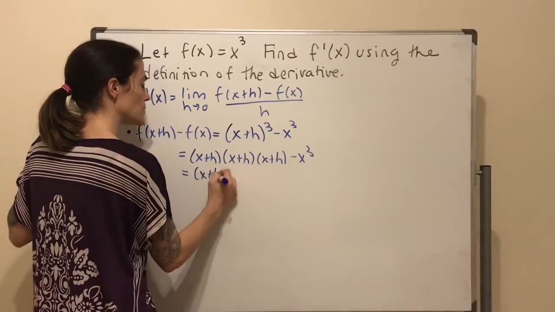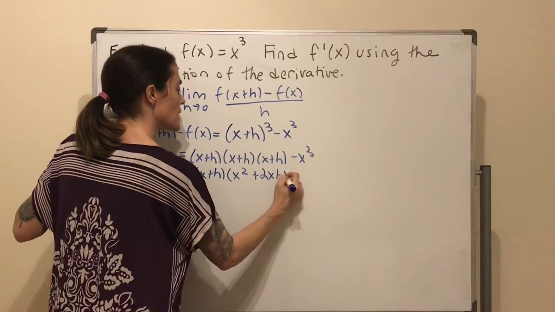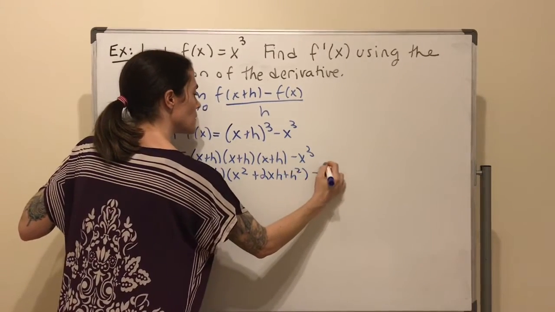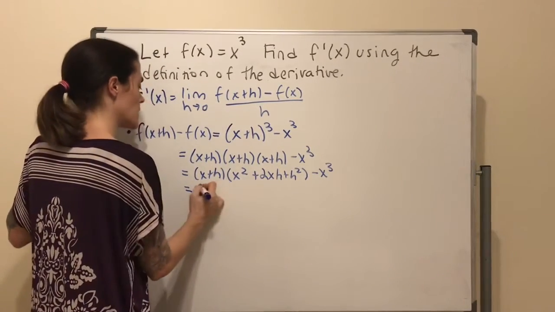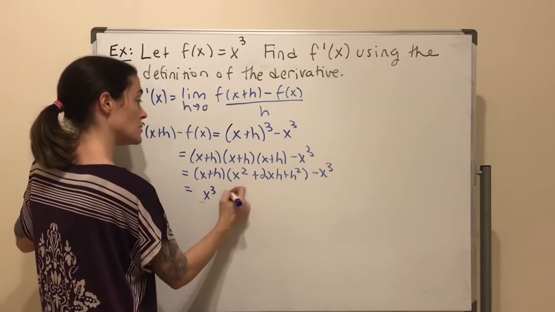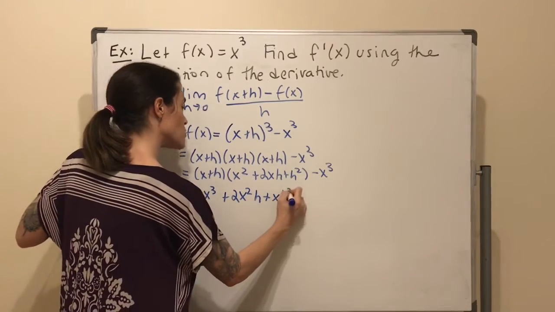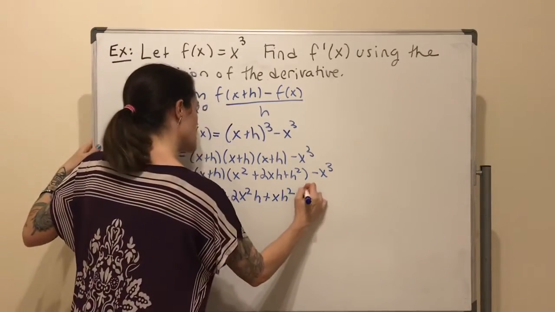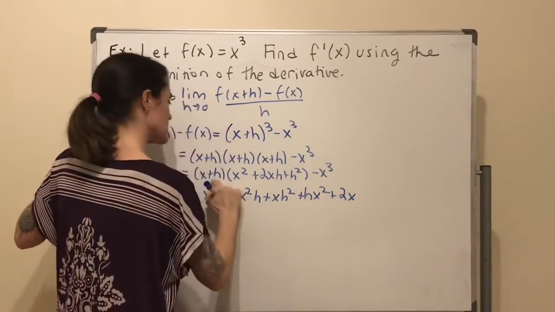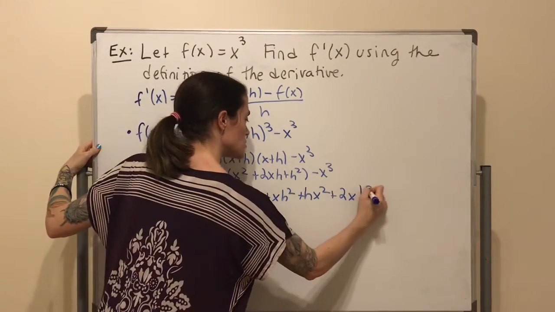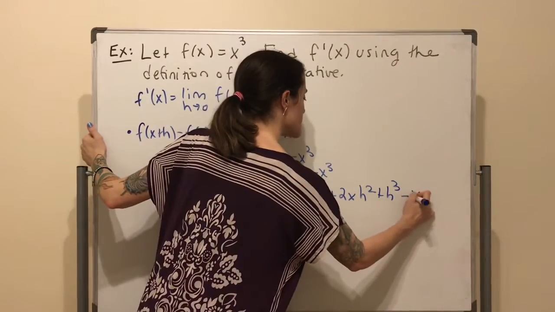First, I will multiply these two. I get x squared, I get 2xh and h squared, and then I will multiply this one and this one. x cubed plus 2x squared h plus xh squared, and then plus hx squared plus 2xh squared, and then plus h cubed minus x cubed.